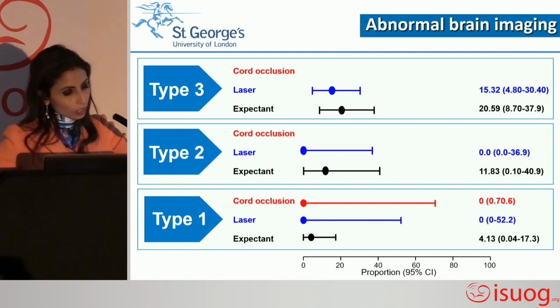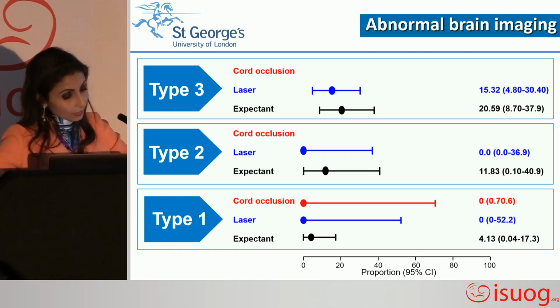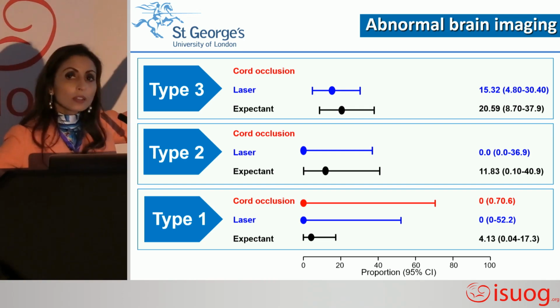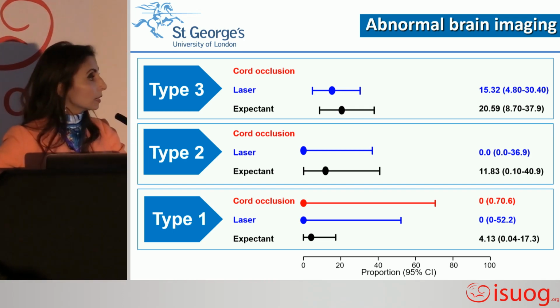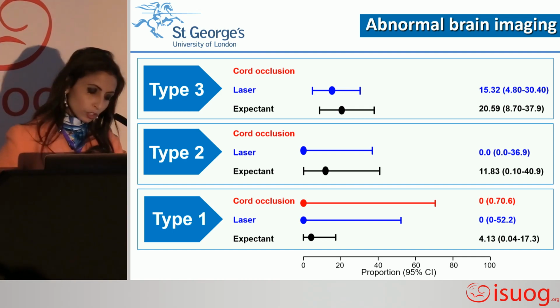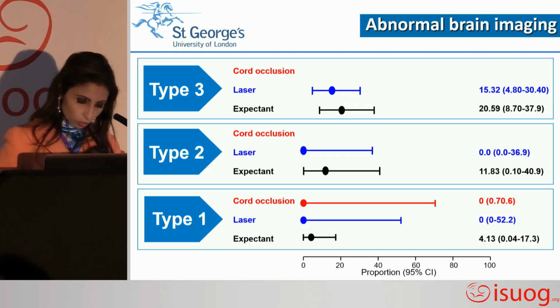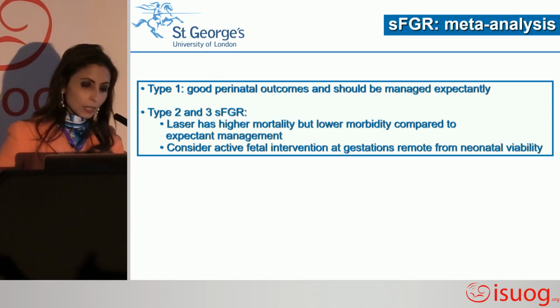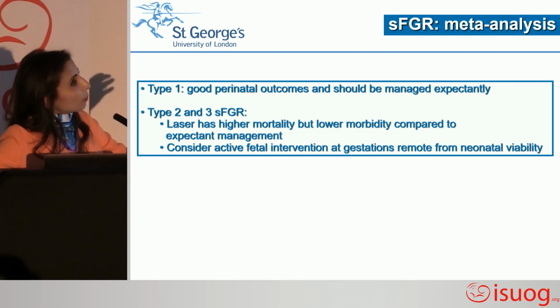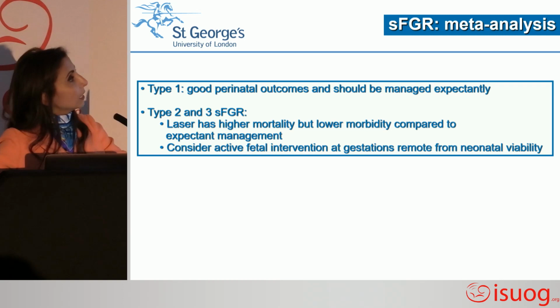What about abnormal brain imaging? It seems there is a pattern that laser might have a protective role for these pregnancies. In type 1, as I said, the risk is very small, and therefore you probably don't need any active fetal intervention the majority of the time. So to summarize the key findings from this meta-analysis: type 1 has good perinatal outcomes and is usually managed expectantly.